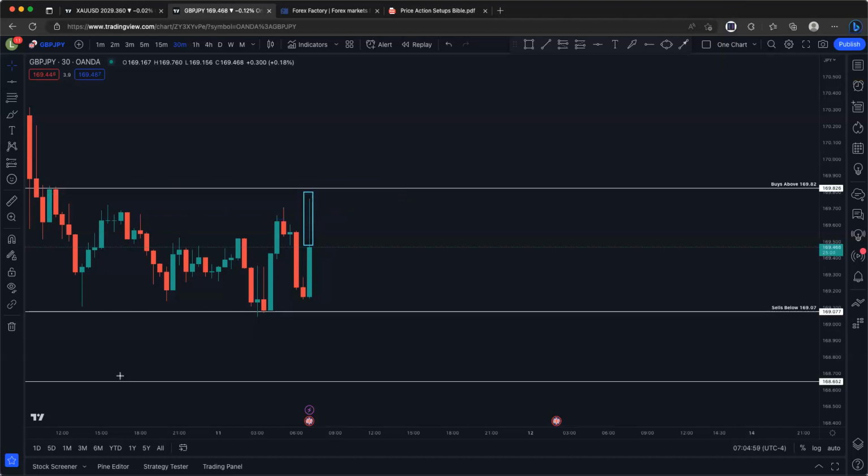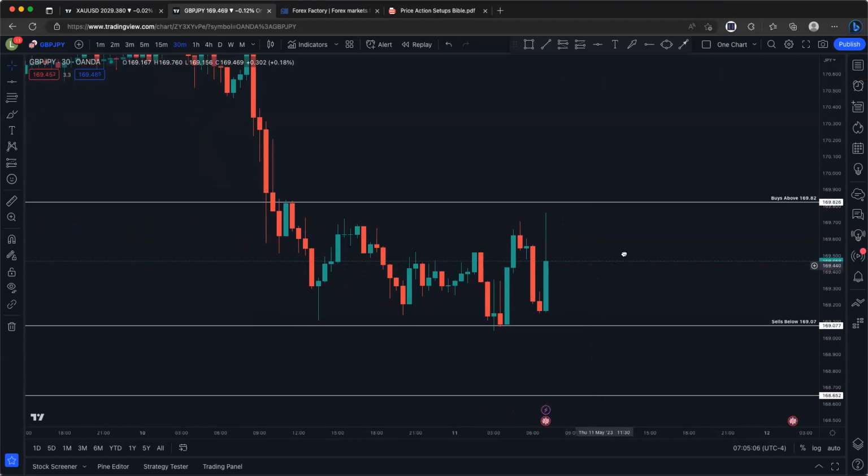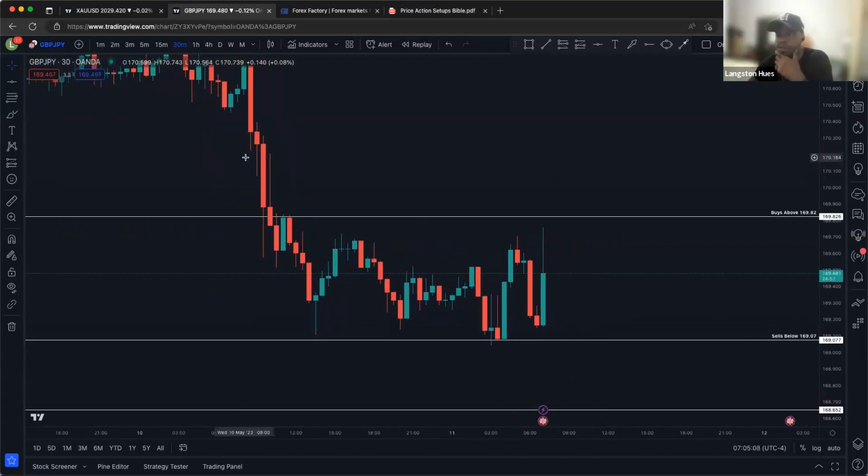I was wondering why your charts look different to mine. I've got 8-cap chart broker. I'm using a window for this one. 8-cap broker looks a little bit different.